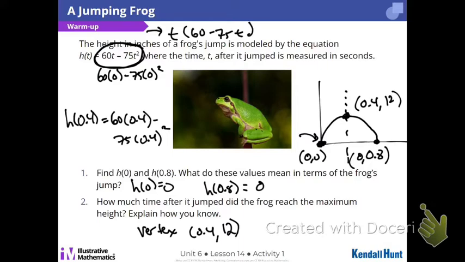This t says intercept what? (0, 0). To get the other intercept, I could set this binomial equal to 0. And if we do the 2 steps of algebra, guess what t equals? 0.8. If I were to subtract 60 and divide by negative 75, I get 0.8.